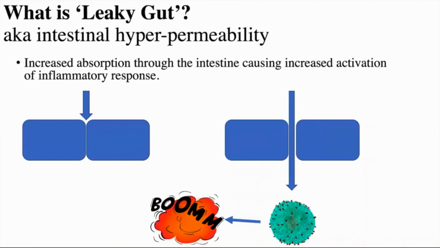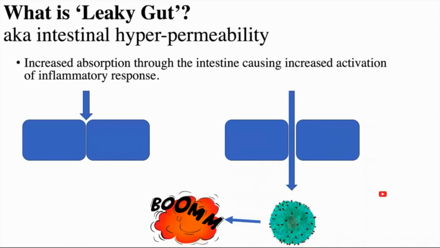But the more formal term for what we're talking about is intestinal hyperpermeability. Sometimes you'll hear people call it intestinal permeability. Obviously the intestines are supposed to be permeable, right? We need to get nutrients through from the lumen into the bloodstream eventually.